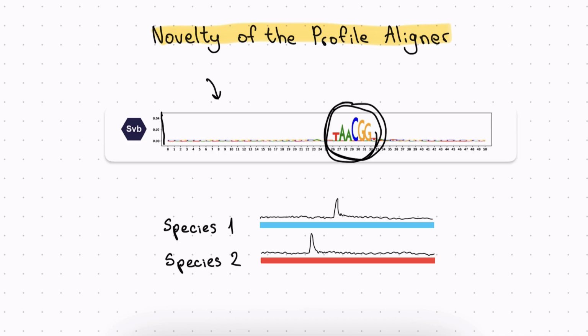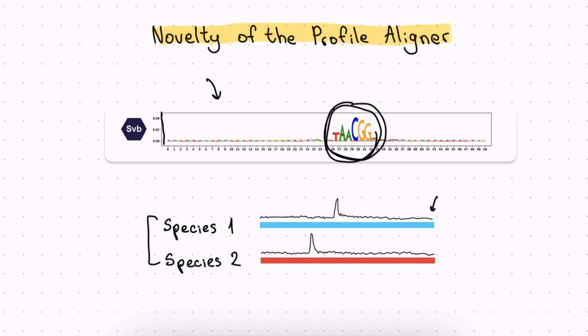neutral bases. Now, let's say we are looking at the same enhancer from two different but closely related species. These lines on top represent the binding profiles, and the peaks are the motifs.